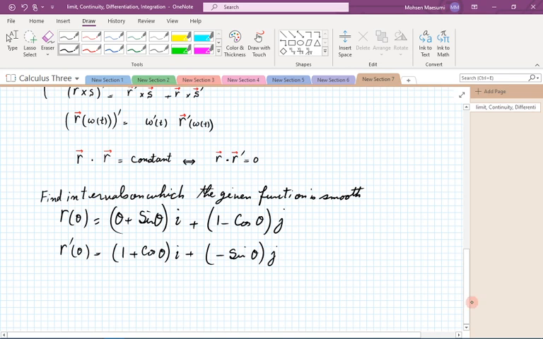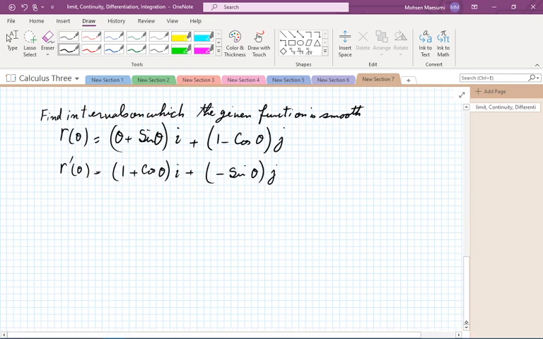And then the function is going to stop being smooth if all of the components become 0. So we set this one equal to 0, and this one equal to 0. This one tells me that cosine of theta is equal to minus 1, while this one is just what it just told me.